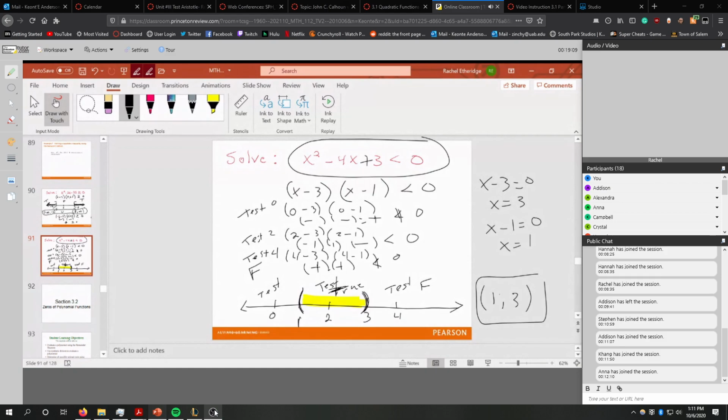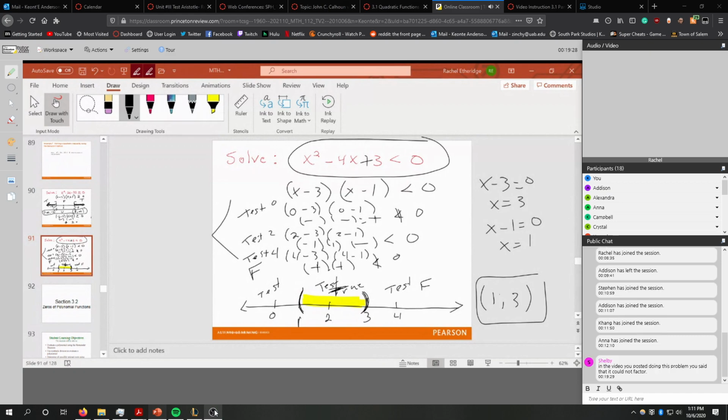This little messy place right in the middle is just where I'm testing my numbers on each interval to see if I get true or false when I plug it into the factored form of the equation. Now that's the easy way to do those. Do we have any questions on those?